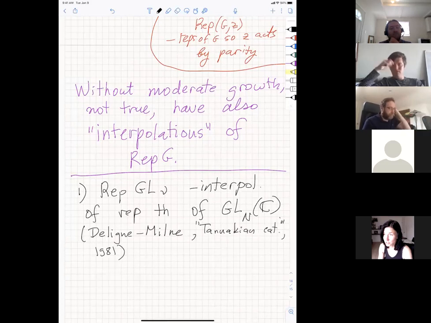But without the moderate growth condition, it's false, and that was a counterexample. But later, Deligne realized that those categories are interesting by themselves, and other people also realized and studied them. So now there are a lot of papers about them, and even some applications to physics, as I mentioned.